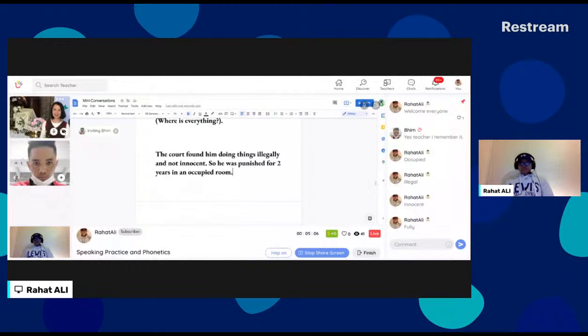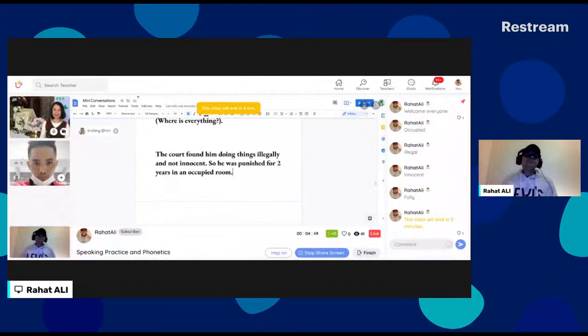Aryan, would you like to go first? Yeah, the court found him doing things illegally, not innocent, so he was punished for 2 years in an occupied room. Okay, good. Monica?